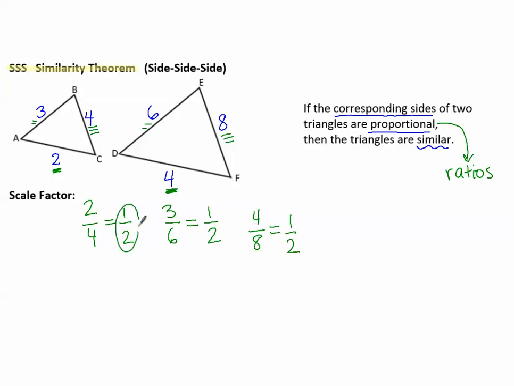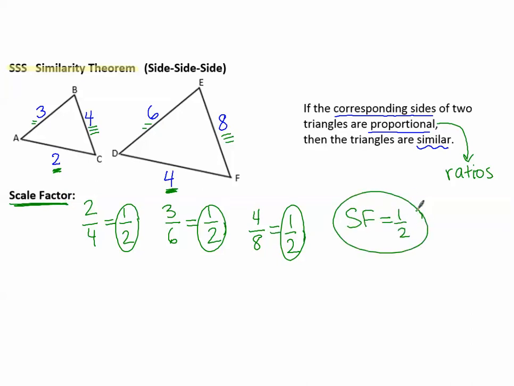Because all of these ratios are the same, the sides are proportional. And that's how we find the scale factor. The scale factor will be 1/2 because these sides are proportional to these sides, and the triangles are similar.